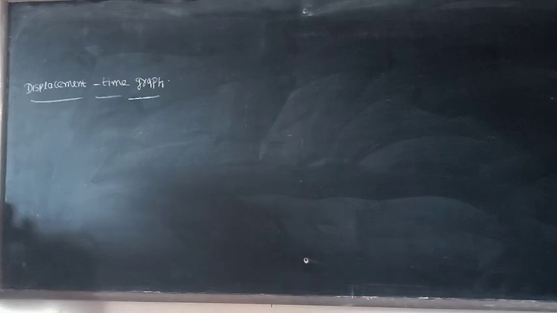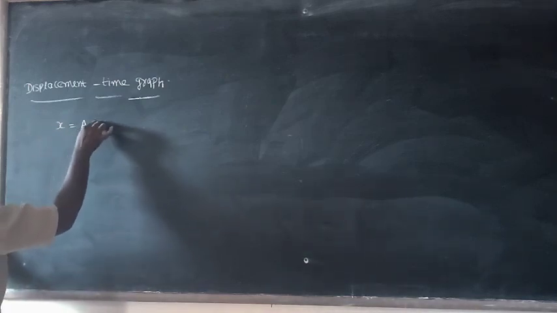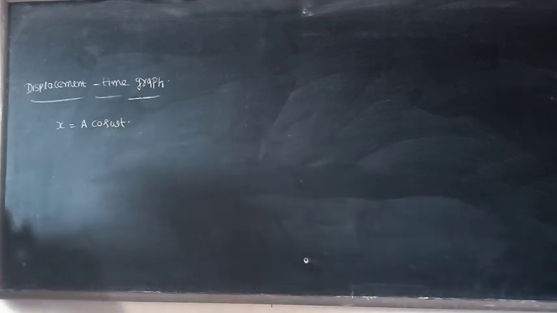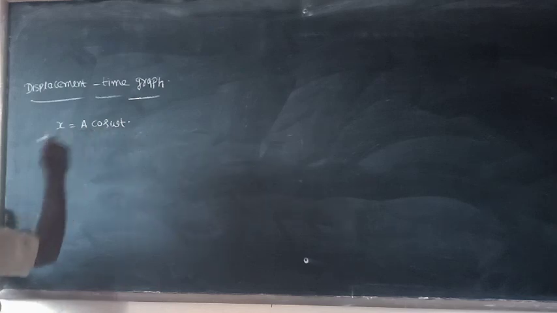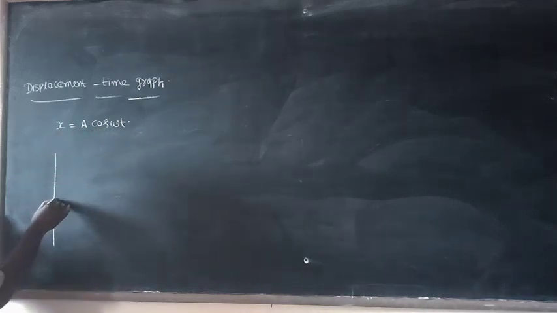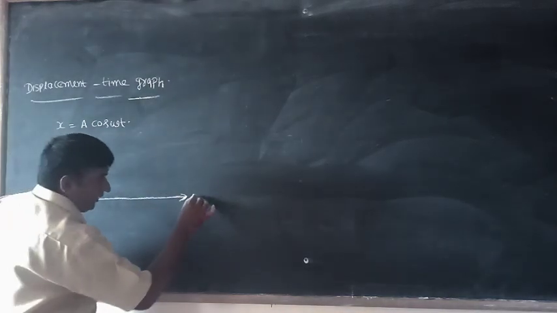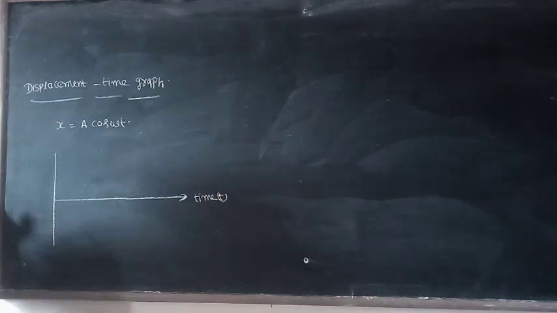For the displacement-time graph, we take x is equal to a cos omega t, where t varies from 0 to capital T. Along the x-axis I take the time t.